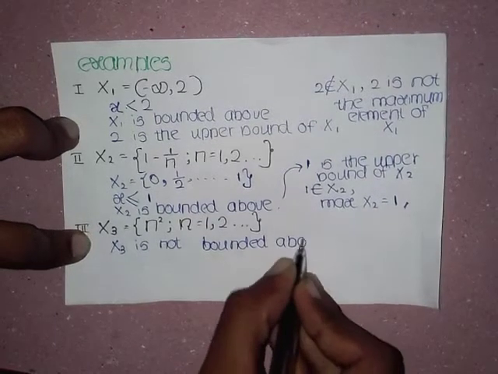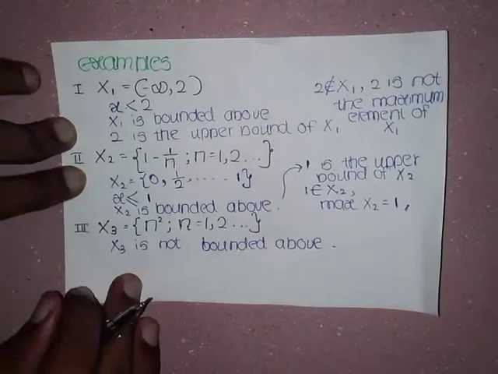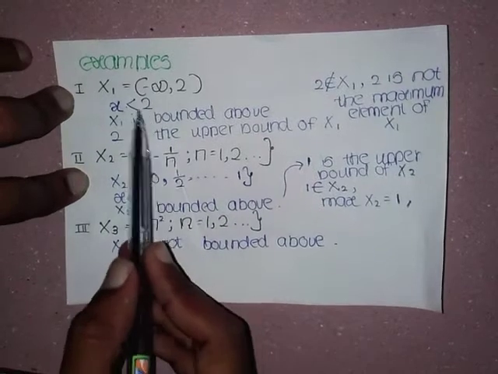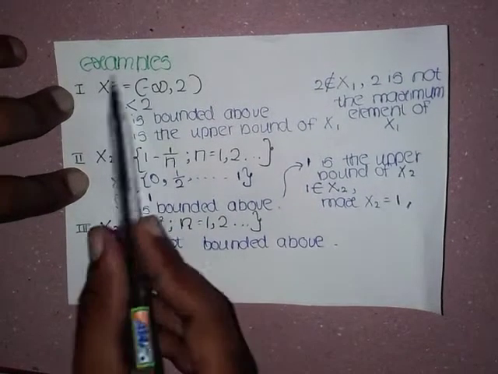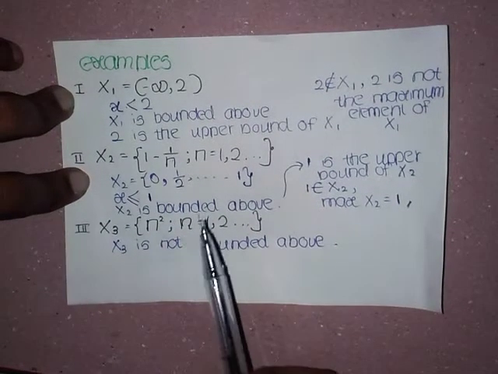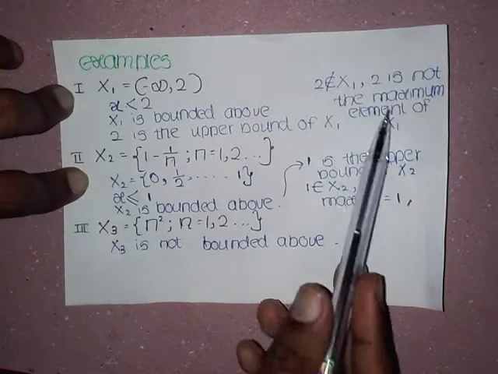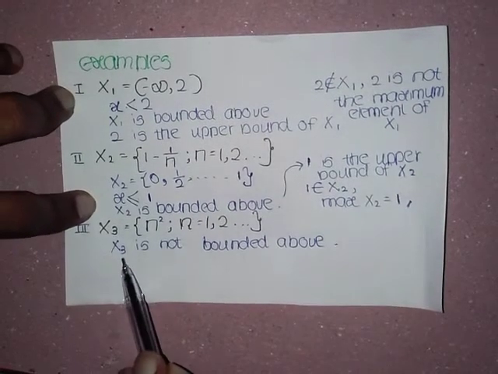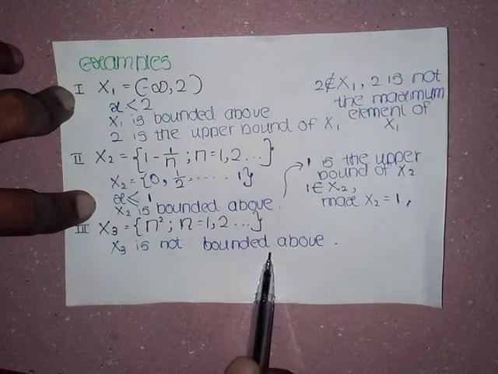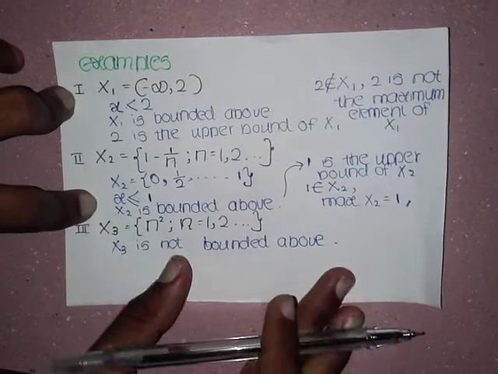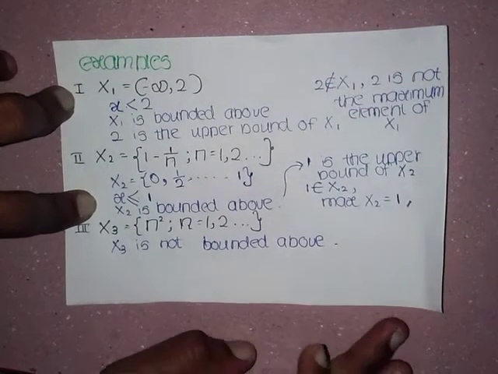Okay, here the speciality is, if a set is bounded above, there should be an upper bound. Here X3 is not bounded above, so there is no upper bound and no maximum element.